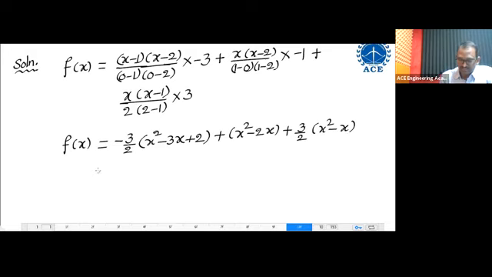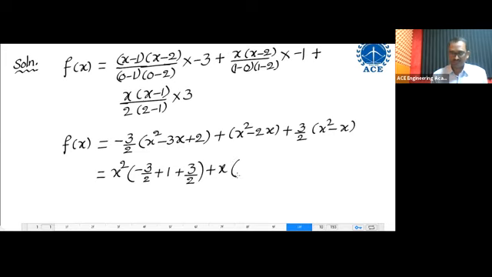So write the x square coefficients. Okay. First you write all x square coefficients in the first bracket. Plus write all x coefficients in the second bracket.